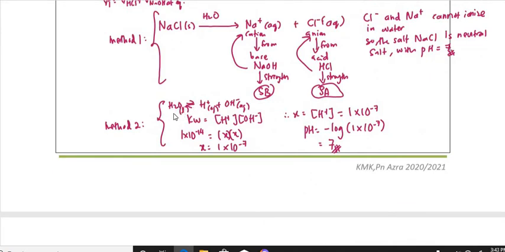Sebab masih wujudnya H2O di dalam conical flask tersebut. Okay, so metode pertama daripada aspek salt hydrolysis, metode yang kedua daripada water dissociation constant. Both accepted because it proved that the solution in the conical flask at equivalent is 7, neutral.